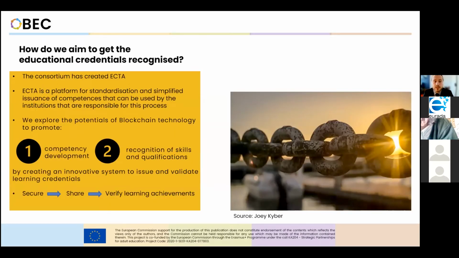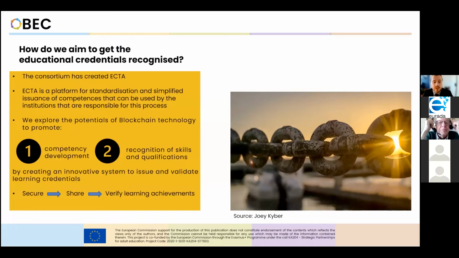So how are we going to tackle this issue? How do we aim to get the educational credentials recognized? Well, the consortium has created the ECTA platform, which is a platform for standardization and simplified issuance of competences that can be used by the institutions that are responsible over this process.